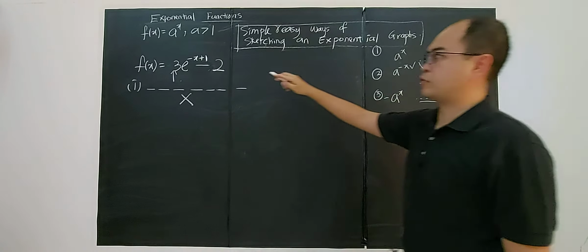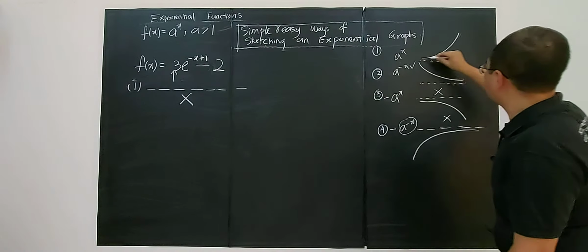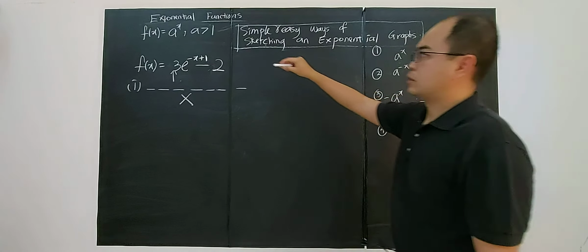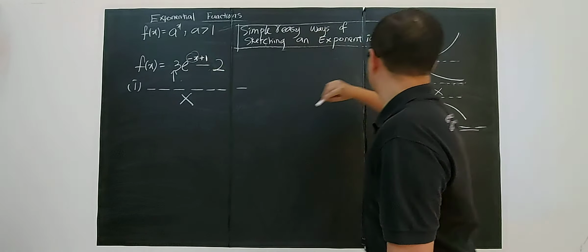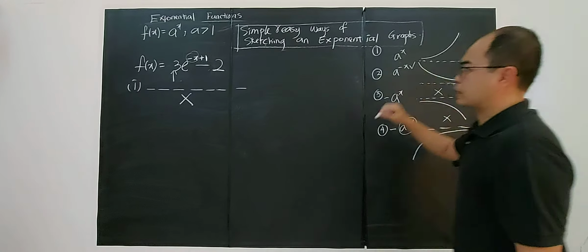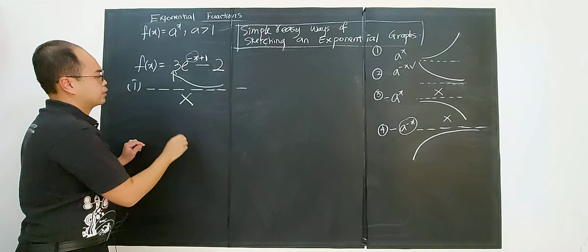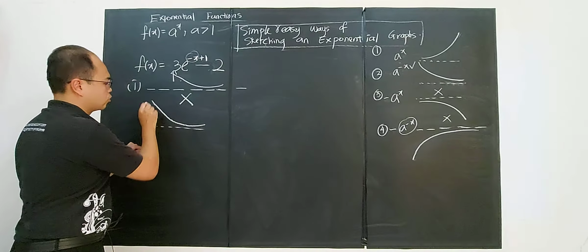Because of the positive here. But to decide whether it goes in this direction or that direction is based on the sign here. So negative x, refer to this one. So you know that the shape of the graph will be going this way.